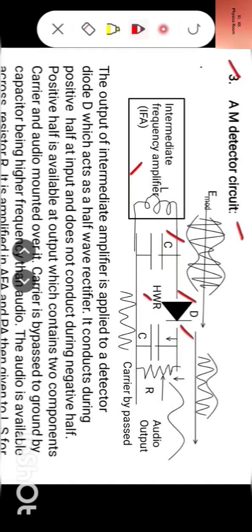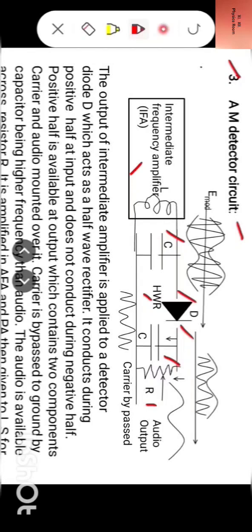And at the output of this half wave rectifier, we have parallel RC circuit, which acts as a filter. And finally we have audio output across this resistance R.